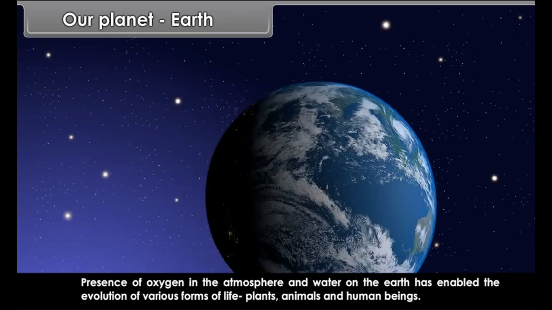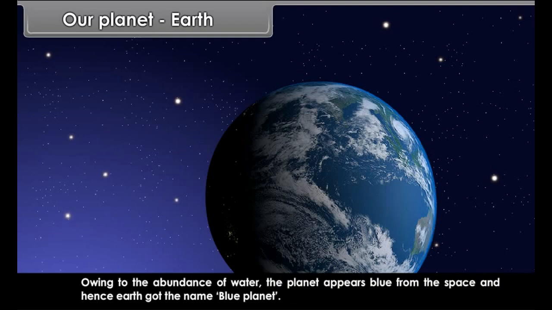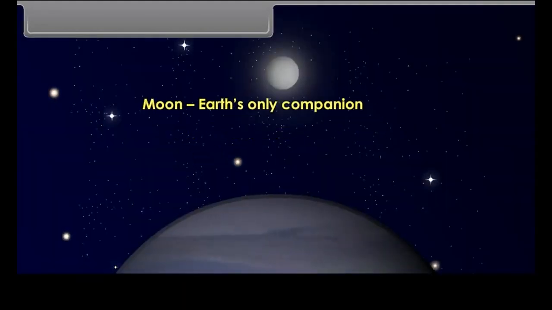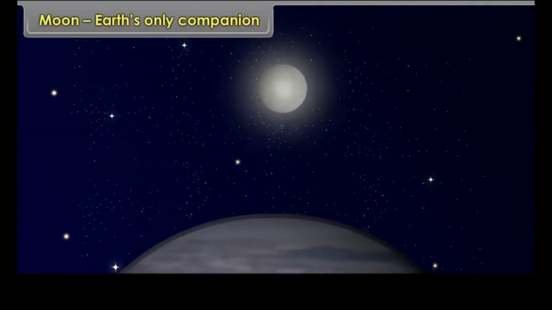Presence of oxygen in the atmosphere and water on the Earth has enabled the evolution of various forms of life: plants, animals and human beings. Owing to the abundance of water, the planet appears blue from space, and hence Earth got the name Blue Planet.